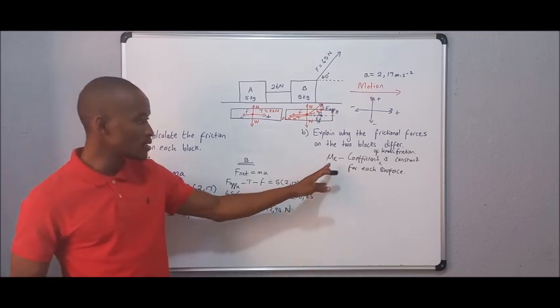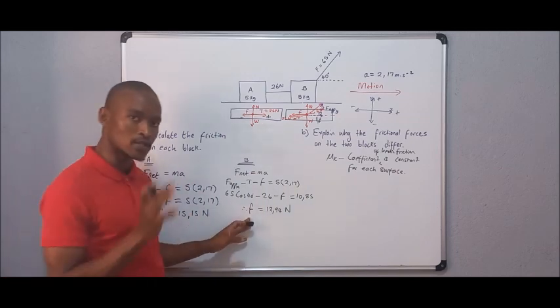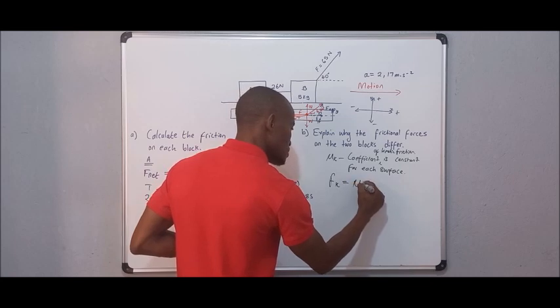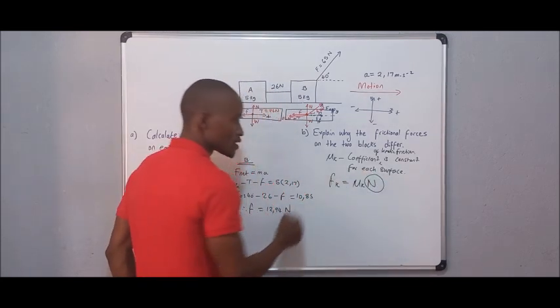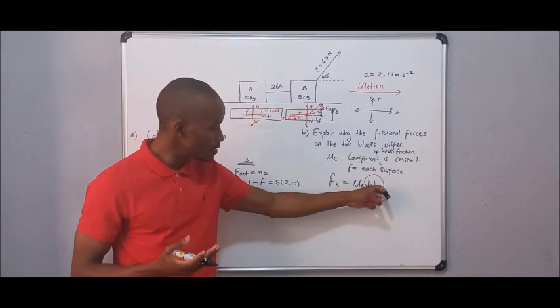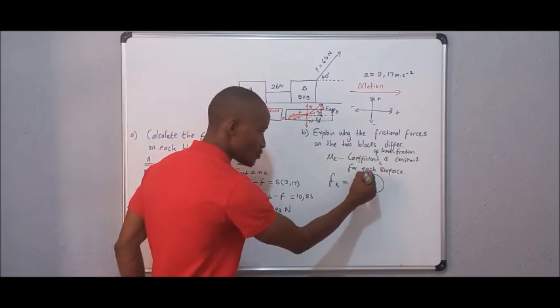But how do we relate the coefficient to the frictional force? There's an equation that helps us, and the equation looks like this. It's mu k times the normal force. Now we need to bring in this vector and talk about it. What is different here? Because mu k is the same for both blocks.